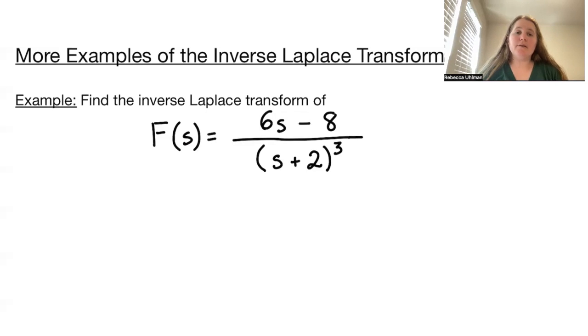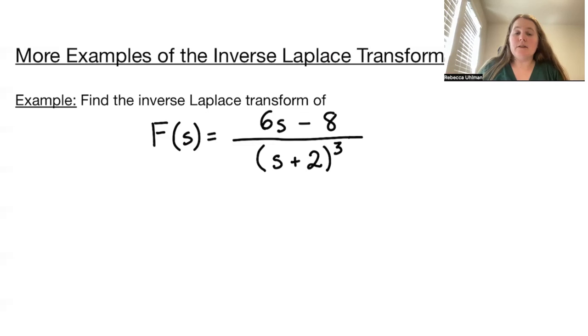Welcome to more examples of the inverse Laplace transform. So in this example, we are to find the inverse Laplace transform of F of s equals 6s minus 8 over s plus 2 cubed.